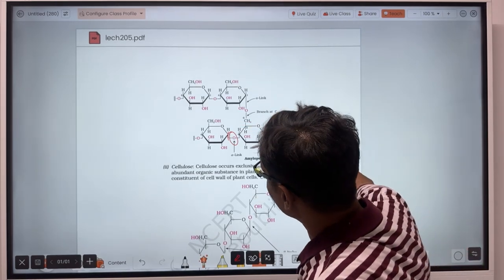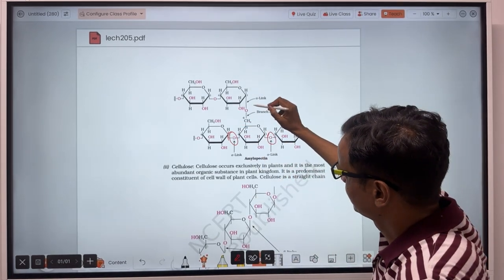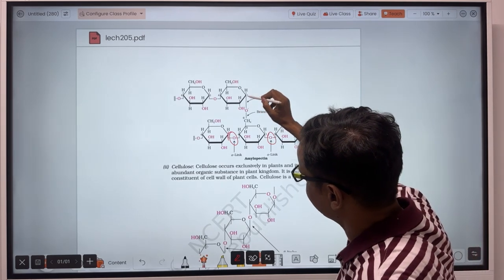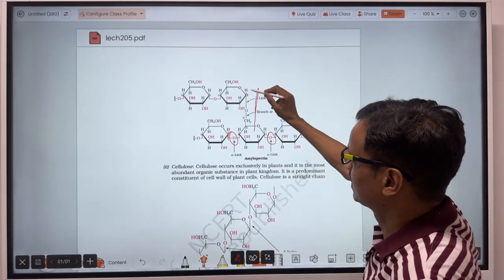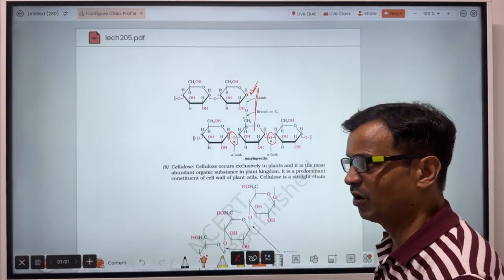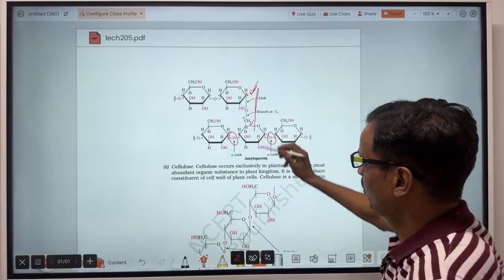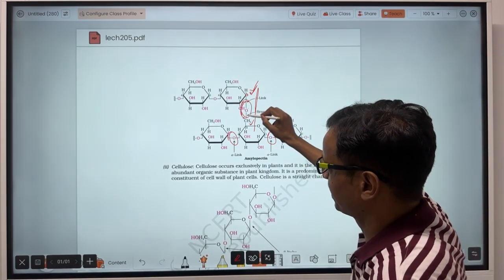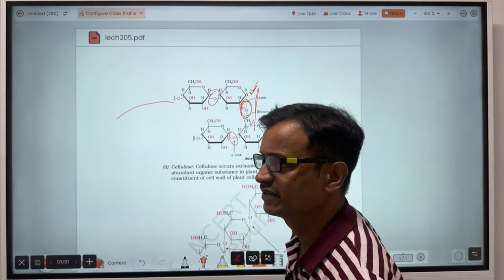But there will be branching at some places. When there is branching, the 6th carbon atom and the 1st carbon atom, in this branch, the first glucose unit will be bonded with the parent chain through 1,6-glycosidic bonding, and then after that only 1,4-glycosidic bonding.